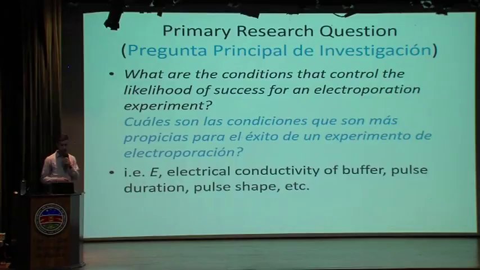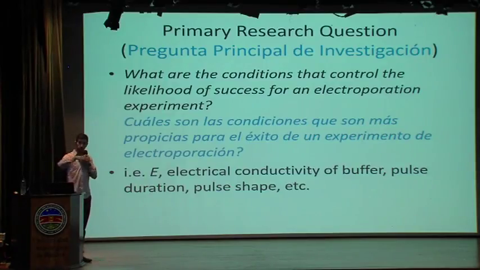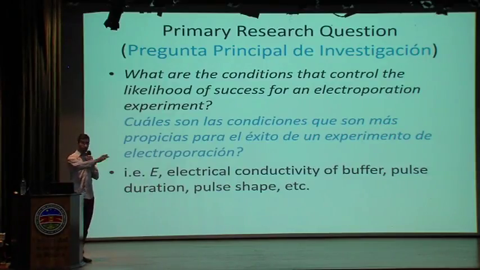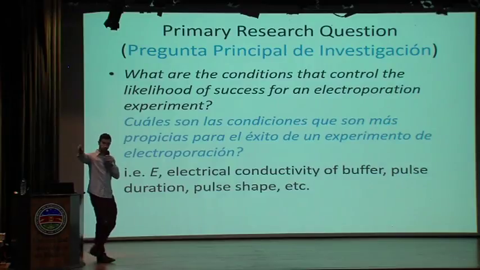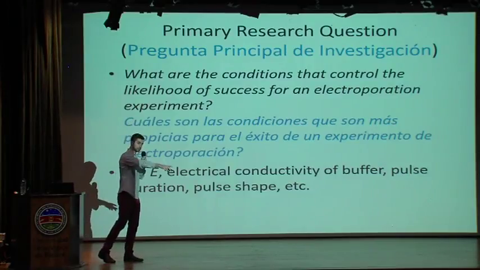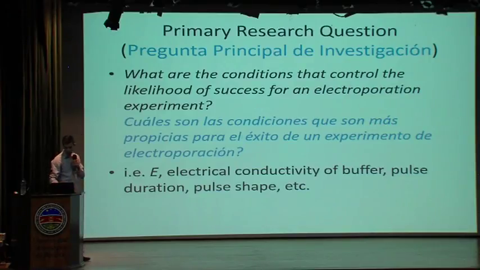And when I say conditions, I mean the electric field strength, the electrical conductivity of the solution, the duration of the electric pulse, right? So we could have a longer or shorter pulse. We could have different types of pulse shapes. So we could have the voltage increase smoothly and then drop, or we could have a square wave, right? There are a lot of different parameters to explore.